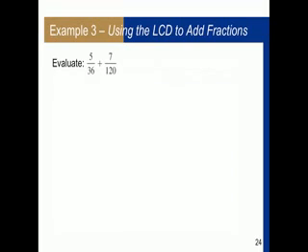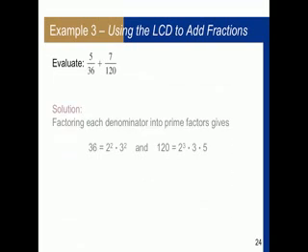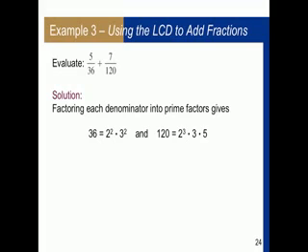5 over 36 plus 7 over 120. We know that we have to find our common denominator, so we factor each of the denominators into prime factors. 36 gives us 2 squared times 3 squared, and 120 gives us 2 cubed times 3 times 5.